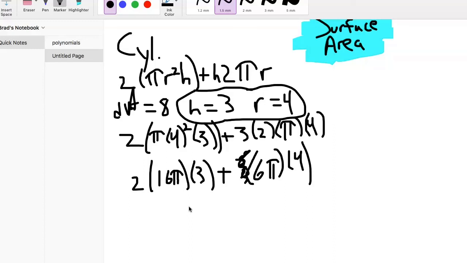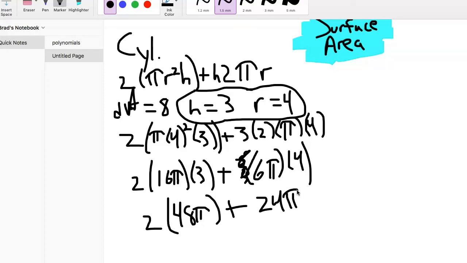Okay, and then we just got a little bit more math to do. So 16 times 3 is 48. So that's going to be 48 pi. And we got to multiply that by 2 still. Plus, right, we have 6 pi here times 4. So we've got 24 pi. Okay, so 48 times 2 is 96.